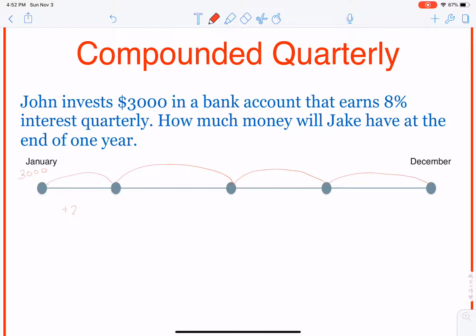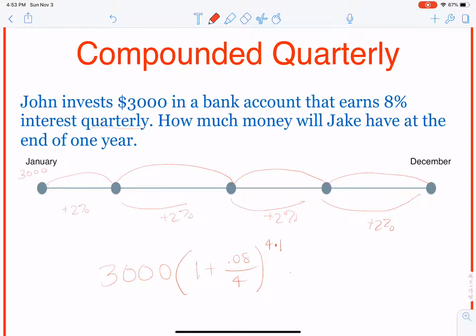I would be adding on 2% each time to eventually get me to my total value in the end. So I'm taking my $3,000 and I'm doing 1 plus 0.08 divided by 4 because I'm compounding quarterly. And I'm doing that 4 times throughout the course of 1 year.